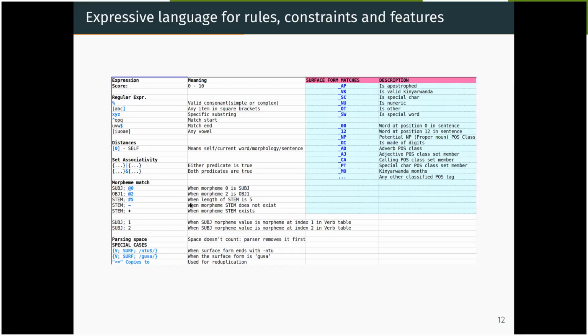You don't need to care about this, but I had to develop this language so that I can express all sorts of things that the morphological analyzer will need.